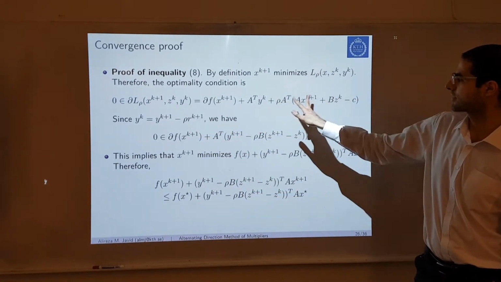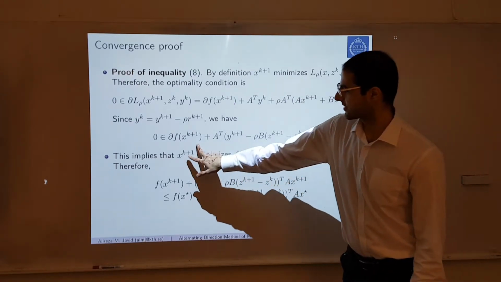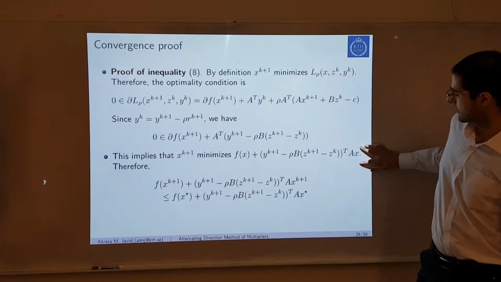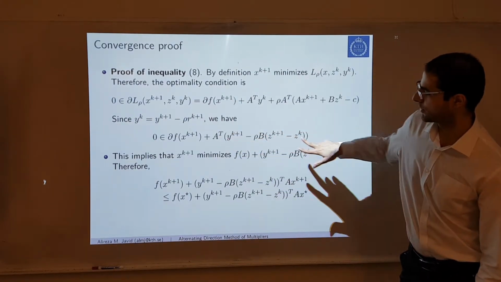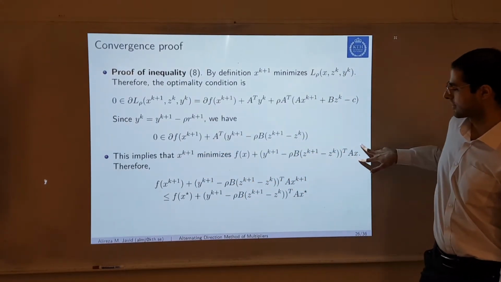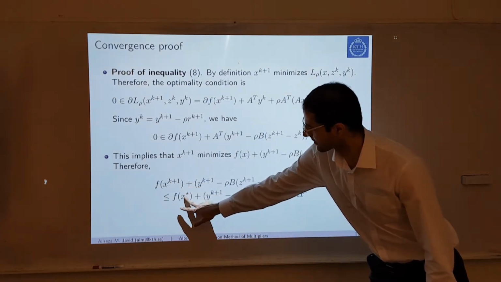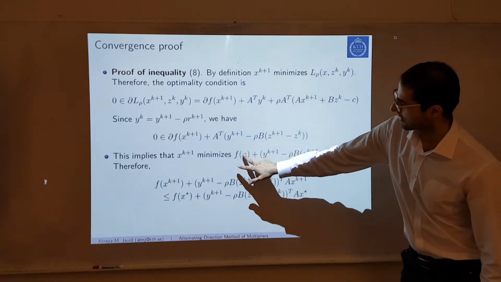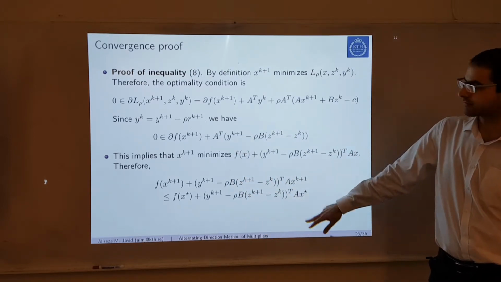This is just rearrangement of this equality. This implies that xk plus 1 minimizes this function. If you take the gradient of this function, you have an x, and this guy will be transposed. Therefore, xk plus 1 minimizes this guy, and we can just substitute f star in here, x star, and xk plus 1, and you will get this inequality.